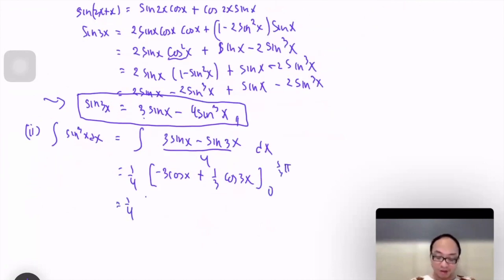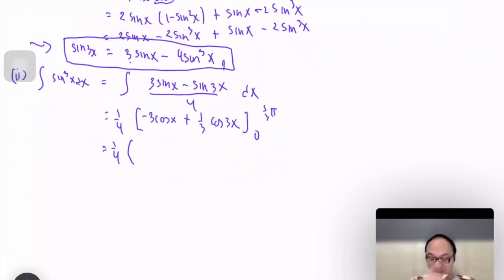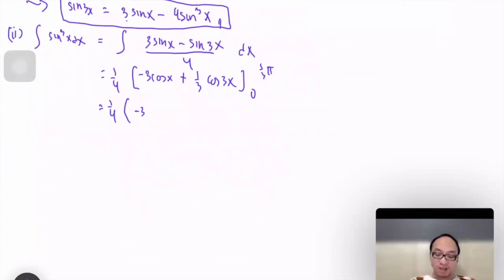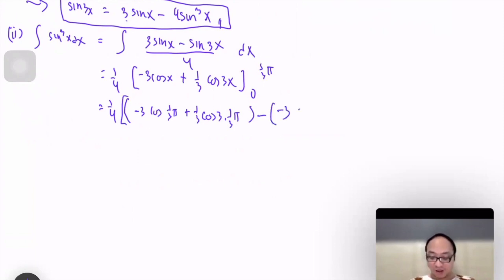So 1 over 4, minus 3 cos 1 over 3 pi plus 1 over 3 cos of 3 times 1 over 3 pi, minus, put the bracket again, negative 3 cos 0 plus 1 over 3 cos 0.